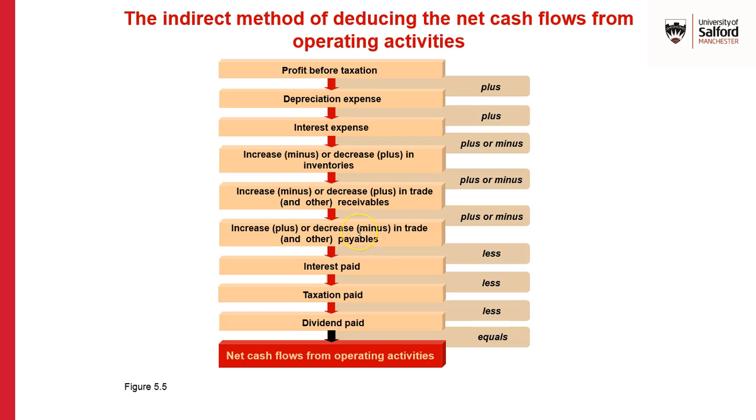And a decrease in creditors, well, we must have paid them, so that's a deduction. Then we have these other items of actual cash flows, and that gives us our net cash flows from operating activities that we add to the opening balance, and hopefully those two figures will add up to the closing balance, much as we looked at when looking at the Tesco accounts.